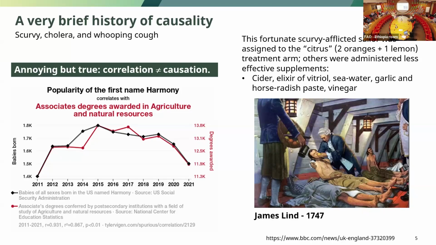The fact that these things are related and that they produce the same pattern is absolutely arbitrary. There's no causal relationship because there isn't a conceptual linkage between naming your child Harmony and the frequency of these degrees. So that's laying the groundwork for understanding that if X causes Y, there should be an ability to articulate why that happens, a mechanism.